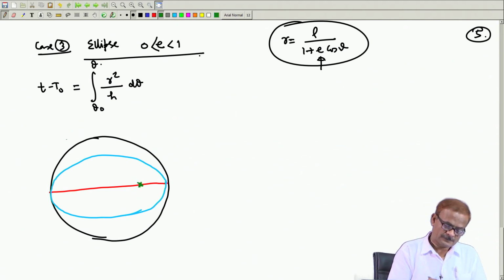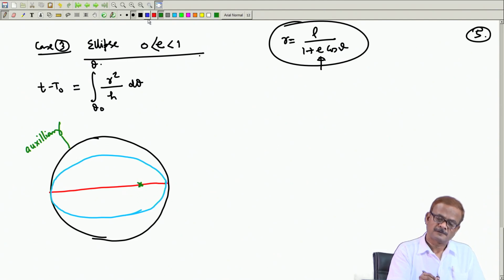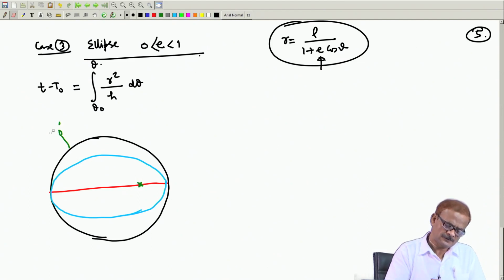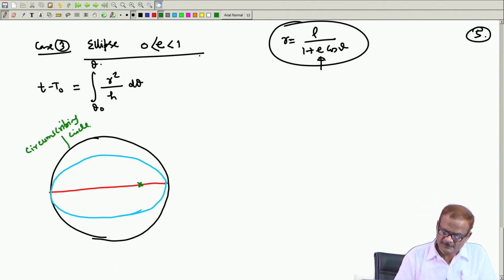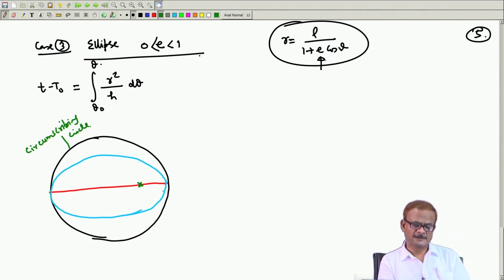Okay. This we call the auxiliary circle, or we can simply call it the circumscribing circle, which is bounding this ellipse.